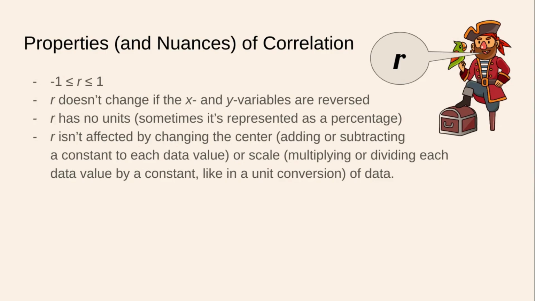So if we perform one of those data transformations that we've talked about before, R is totally unaffected. That's pretty neat. We can change the center of the data and the scale of the data, and we're not going to affect this measurement of association that we call correlation.